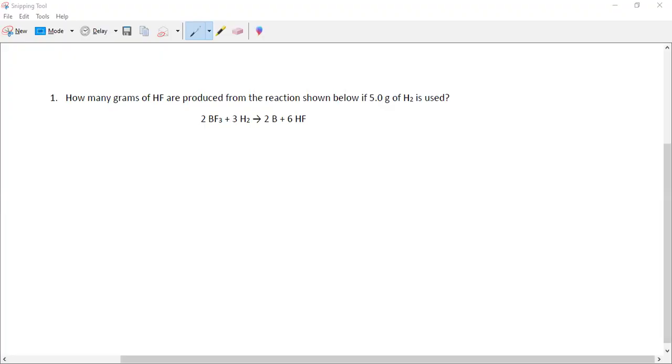So I'd like today to focus on looking at some of these conversions that involve stoichiometry coefficients, and those come into play when working with questions like this. Usually, we're used to just working with one-step conversion factors. In other words, it only takes us one conversion to get to a final answer.